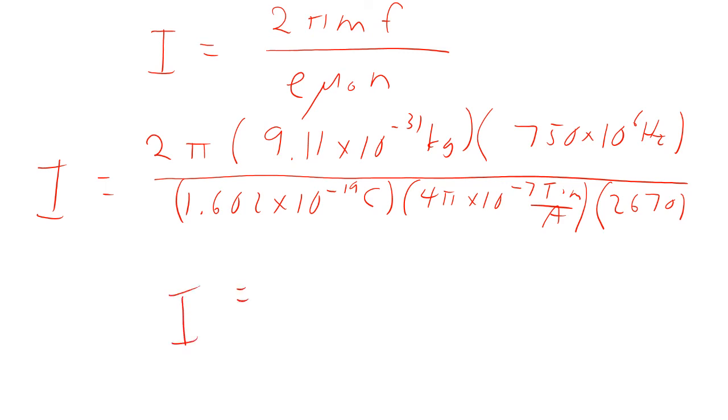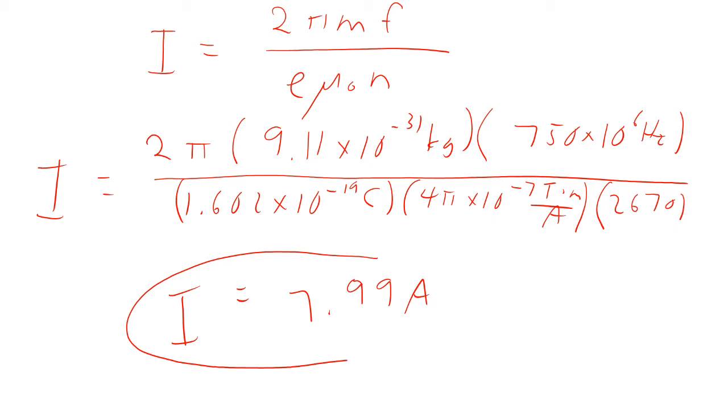That would tell us the current would be 7.99 amps. So we need 7.99 amps in that coil in order to produce that level of magnetic field that would make electrons injected into it spin at 750 megahertz.